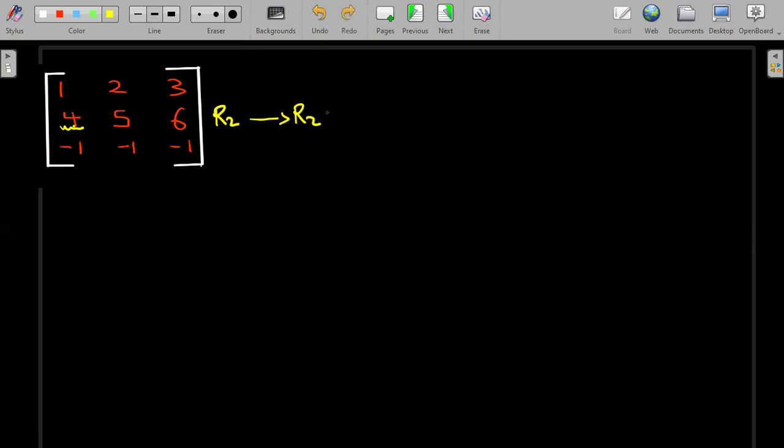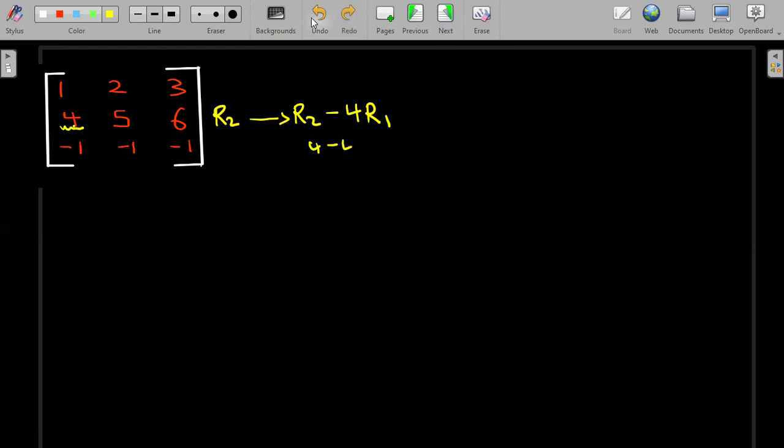That will just be minus 4 times row 1. So on row 2 I will have 4 minus 4, and on row 1 I have 1. When I subtract this, I'm just going to get 0. So that's what we want.